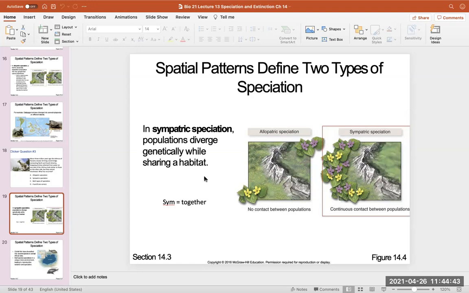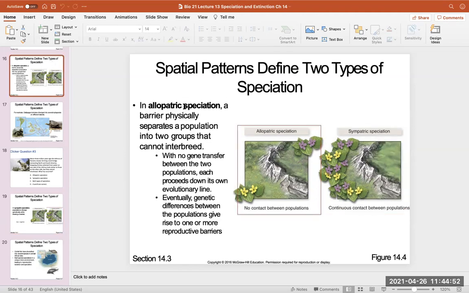That might happen because there's a physical barrier, which means that's allopatric speciation, but do not confuse that with the word speciation. In allopatric speciation, there's a physical barrier in between. Therefore, the genes from here cannot get here, so there's no exchange. They have a different gene pool here, a different gene pool here. So that's allopatric speciation. There's a physical barrier, keyword: physical barrier.